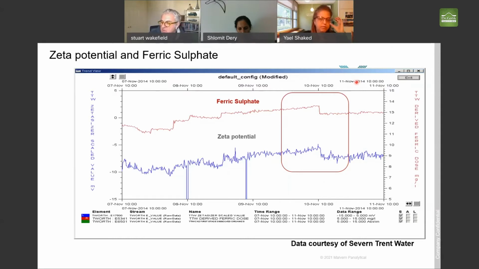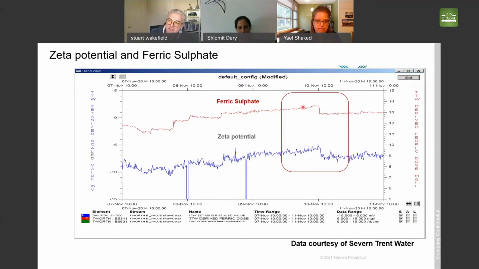But you can see as we increase the amount of ferric sulfate, we start to increase the flocculation rate. And we can see that because the Zeta Potential is increasing. But we don't actually need to have a Zeta Potential that's right up here. We just need a lower amount. So we're starting now to overdose here.